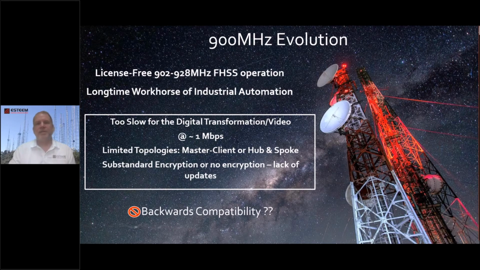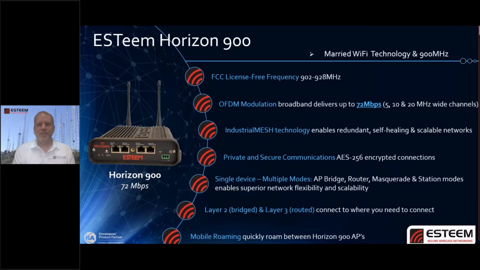Okay, so what we did is we actually came out with what we've named Horizon 900. And kind of what you want to think about is this really married Wi-Fi technology and 900 megahertz. You get the best of both worlds, because now all of a sudden we can run at 900 megahertz and actually get 72 megabits of data rate.